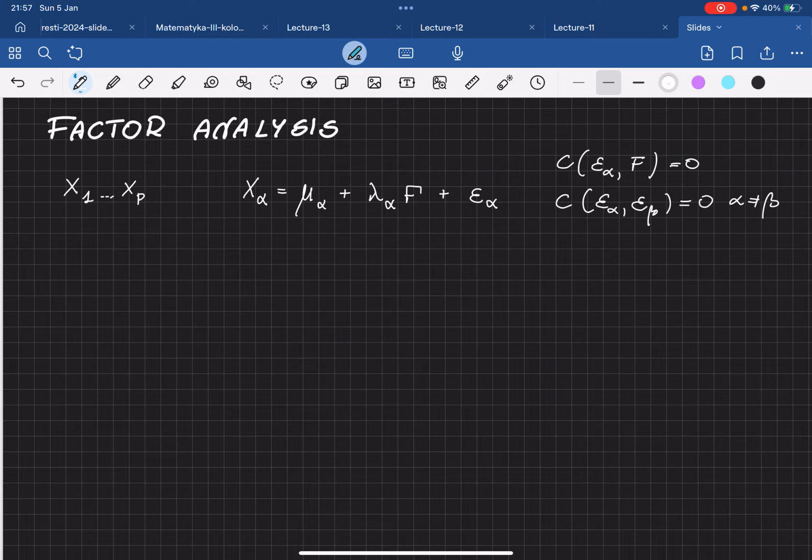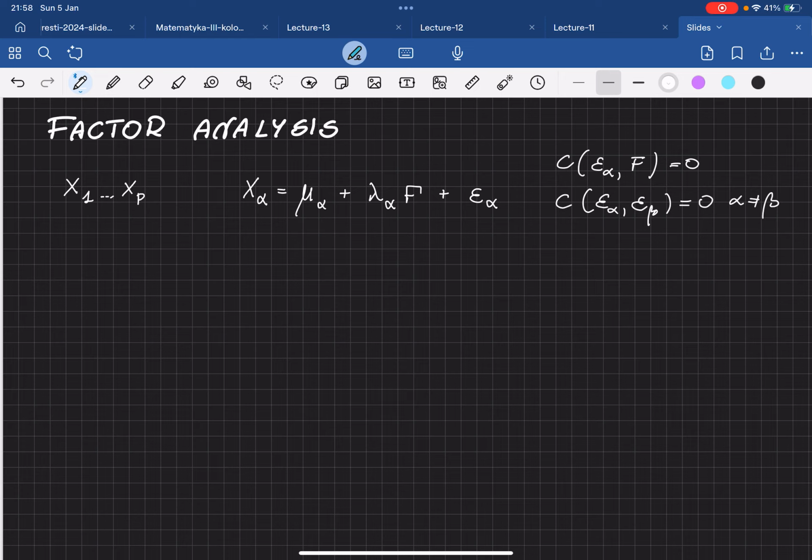So if alpha is different from beta, then this correlation is equal to 0. So this is the simplest model that we start with doing factor analysis. Of course, there may be more factors than just one.